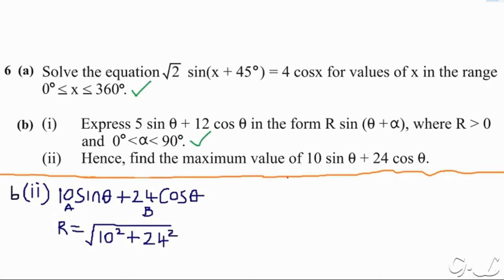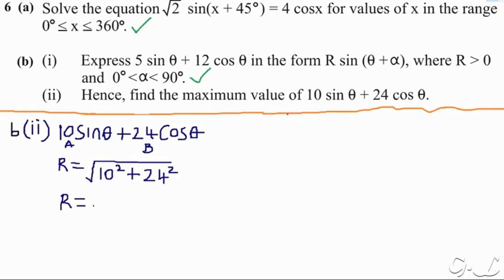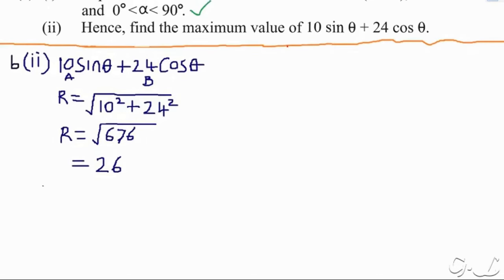We are going to use that same formula, which is r is equal to square root of a squared plus b squared. In that case, a is 10 and then b is 24. So it will be 10 squared plus 24 squared, and then you put the square root. When you do that, it will give you the value of 676, and then the value of r will give you 26. So therefore, the maximum value is equal to 26.